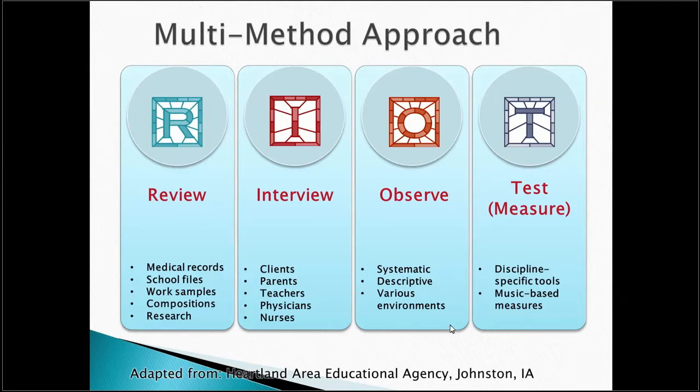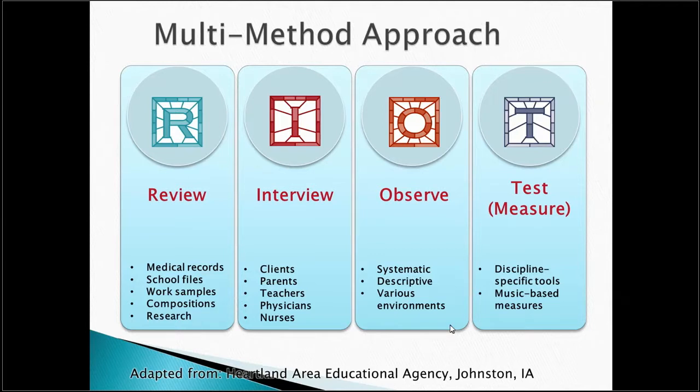The third method is observing, whether those are systematic observations, things like frequency counts or looking at antecedent behavior and consequence chains. Observations can be more descriptive, maybe less structured, and we can also conduct observations across different environments.